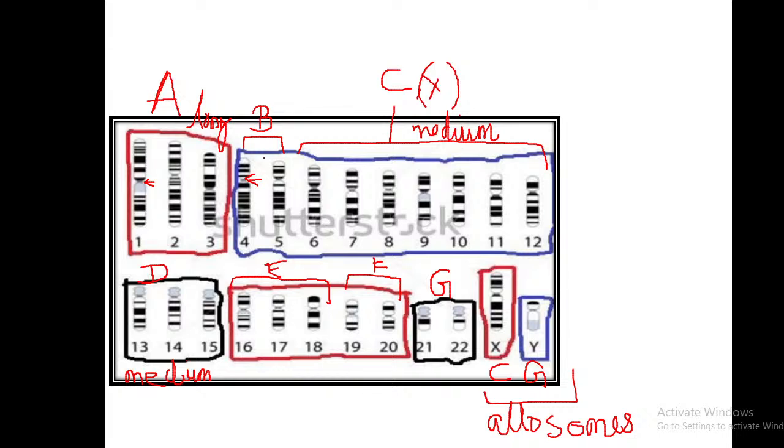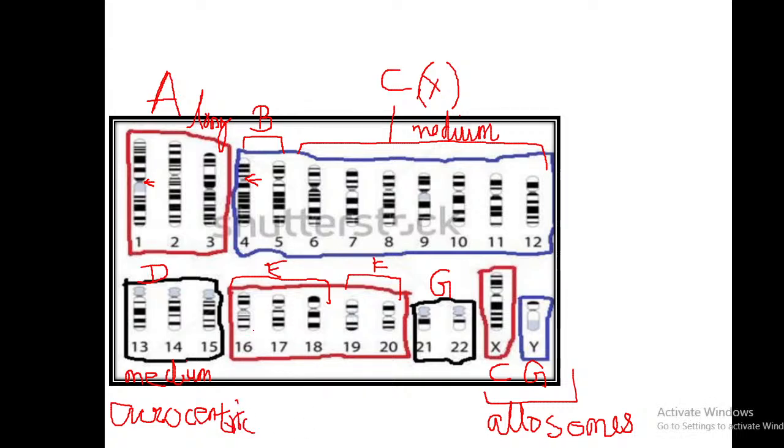A are the long chromosomes. Then D are medium sized and acrocentric. Medium sized and acrocentric chromosomes.